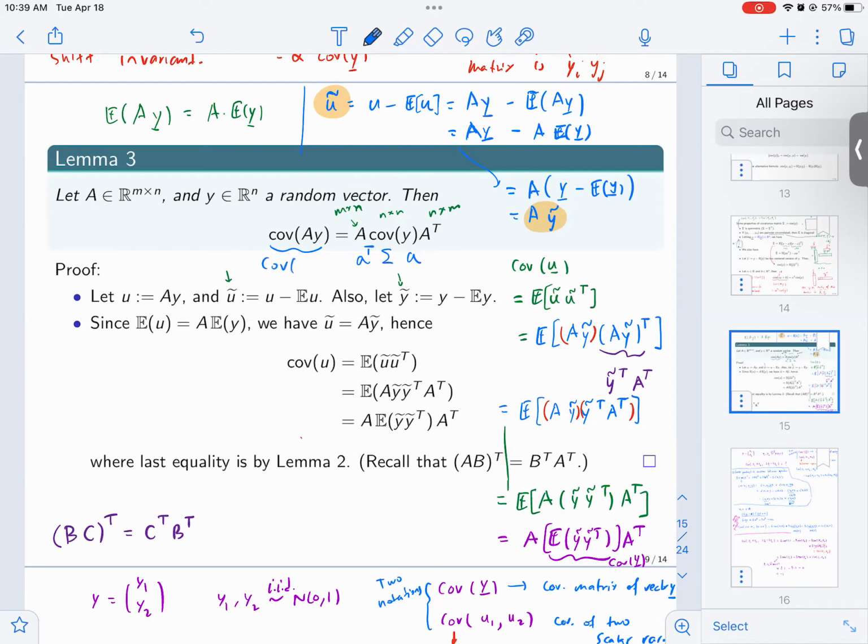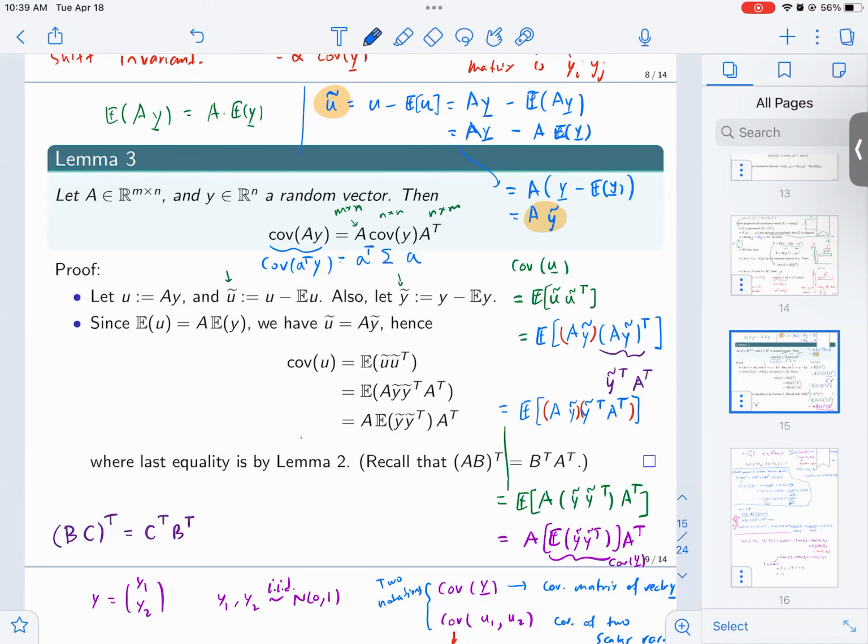That will be the covariance of A transpose Y. If I write the covariance of A transpose Y, that will be equal to A sigma A transpose. But A transpose Y is a scalar, a single number, so the covariance matrix of A transpose Y is just its variance.